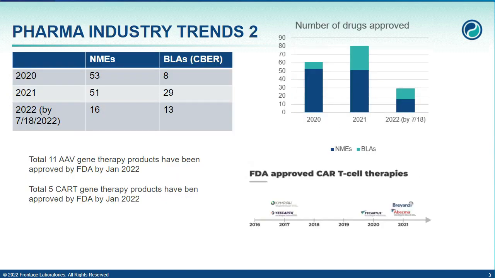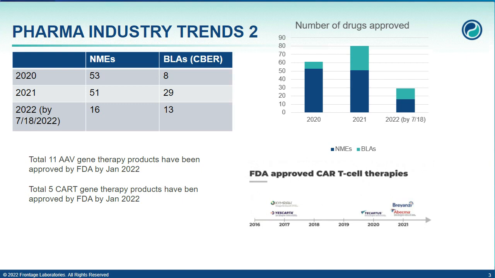As you can tell, the previous slide didn't include the data from CBER, and here we can see the BLA approved by FDA CBER in the last two and a half years. So here the dark blue shows the NME approval, and the light blue on top shows the BLA approval.